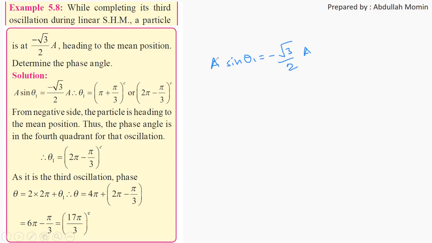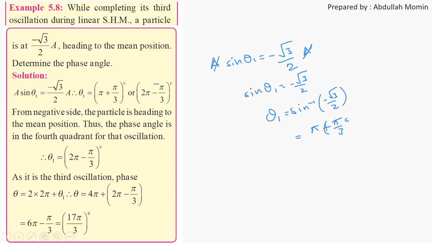So we can write A and A get cancelled and we get sine theta 1 as minus root 3 by 2. So we will get theta 1 as sine inverse of minus root 3 by 2, and that is nothing but pi plus pi by 3 radian or 2 pi minus pi by 3 radian.